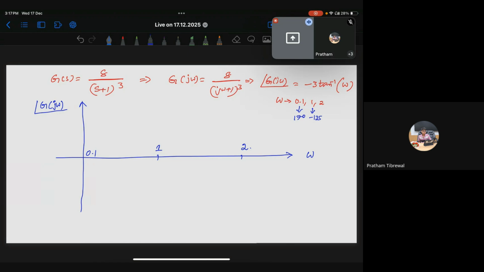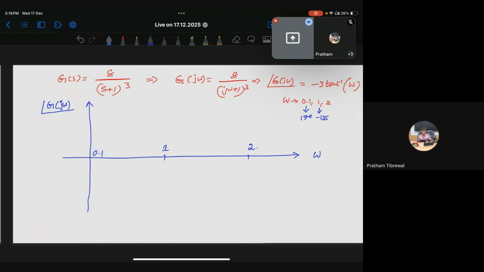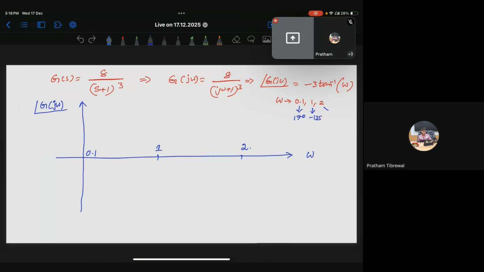At 2, it will be minus 270, a very high value.